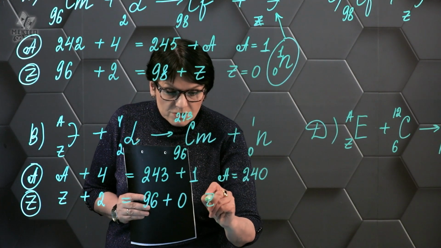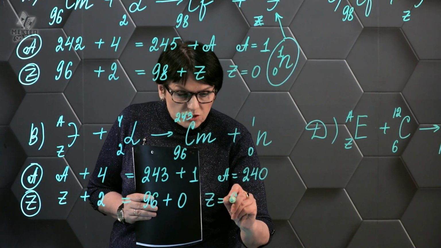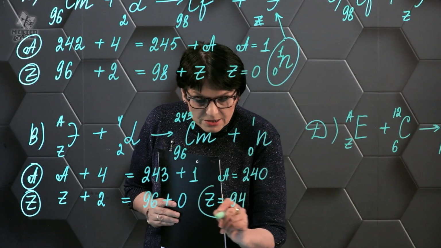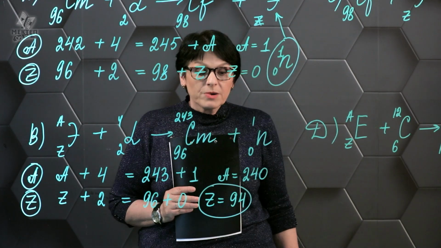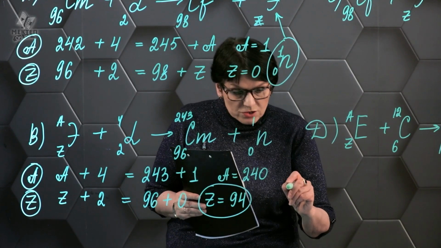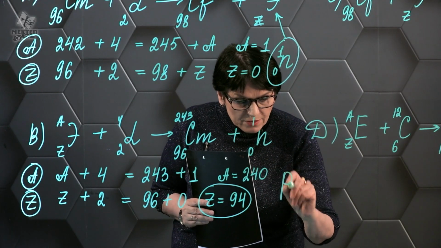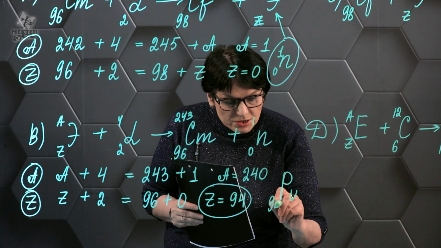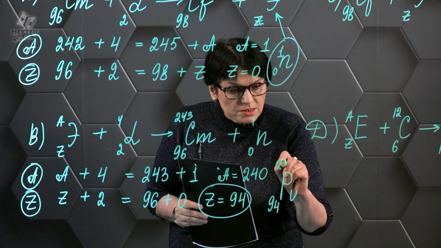And so Z in this case will be 94. Well, it's the order or atomic number that plays a major role in the first place. The 94th element is plutonium. It's 94, and one of its isotopes is 240.